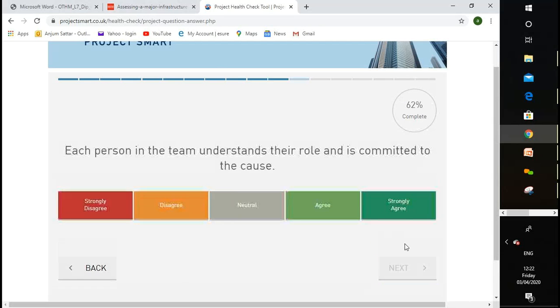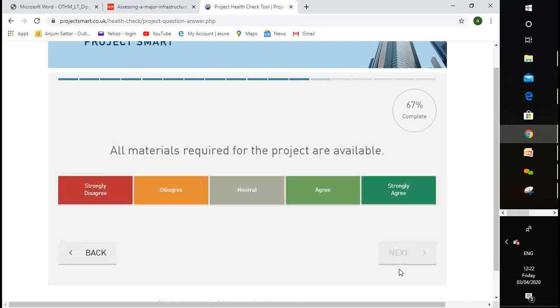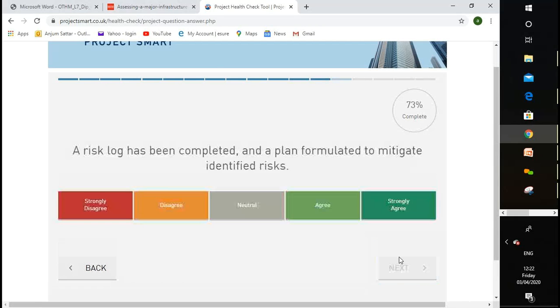Okay. Next. Each person in the team understands their role and is committed to the cause. Strongly agree. So it means there is good communication. All material required for the project is available. Agree. Okay, a risk log. Do we have a risk log? If you don't do it, what will happen? Or any other risk?